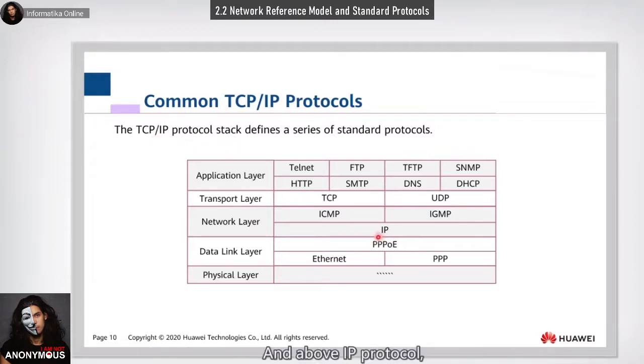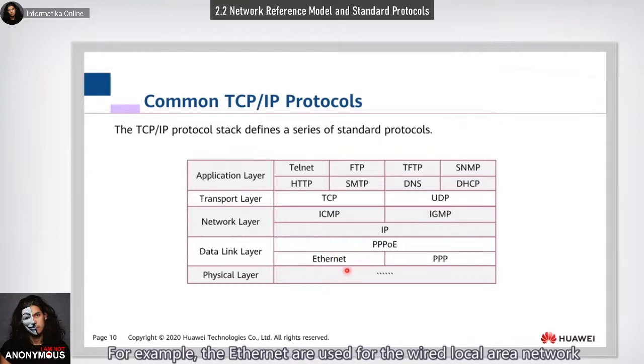Above the IP protocol, there are two management protocols. One is the Internet Control Message Protocol, which sends control messages. Another is the Internet Group Management Protocol, which manages multicast groups. As for the data link layer, there are a lot of different protocols.